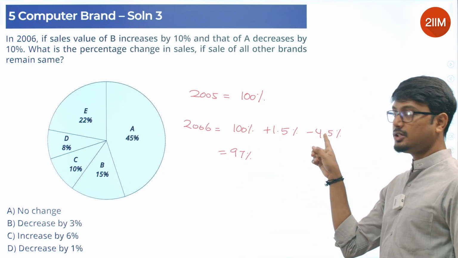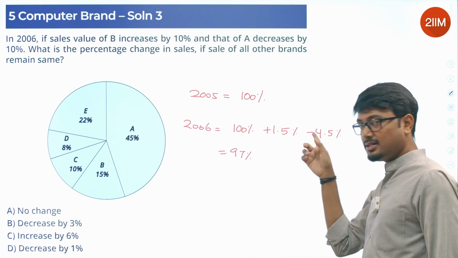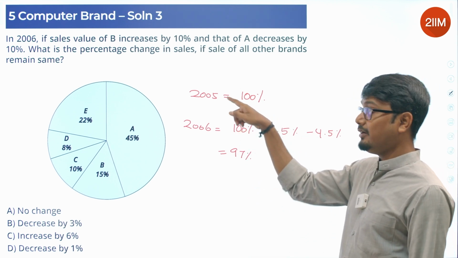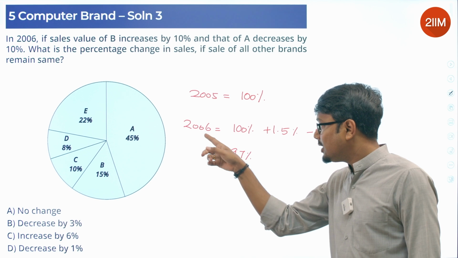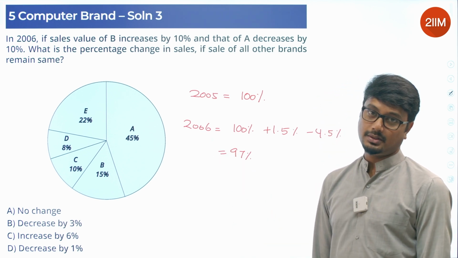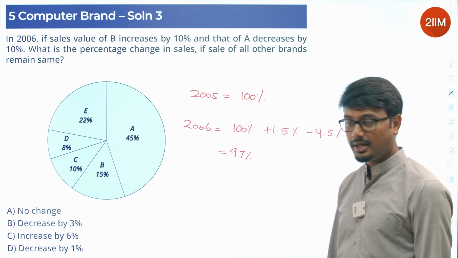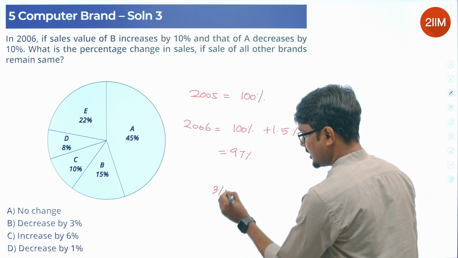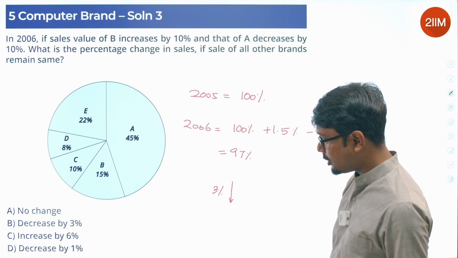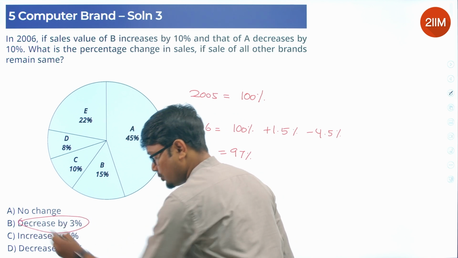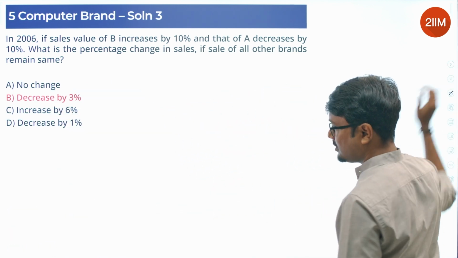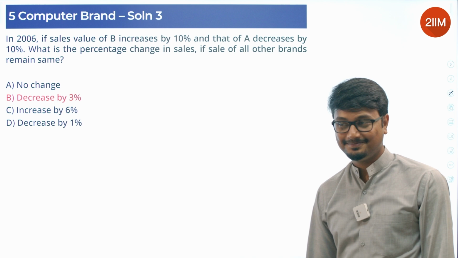So 1.5 minus 4.5 is minus 3. 100 minus 3 will be 97. So in 2005 the sale was 100% and 2006 the sale becomes 97%. So it is dip of 3%, right? So we can say 3% decreased. We'll check with the option. Option B is there. Should be the answer. We'll check it out. Yep, option B is the right answer.